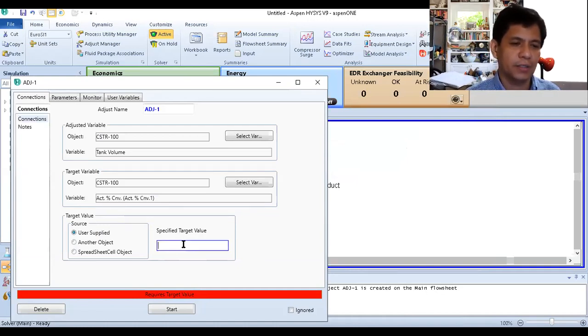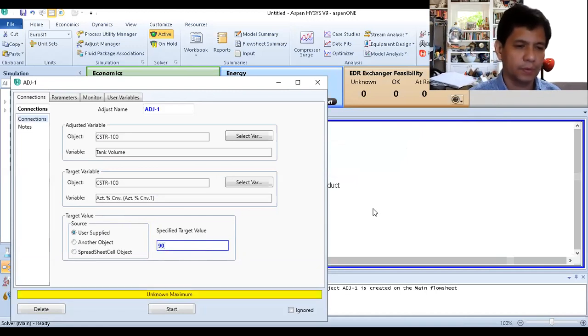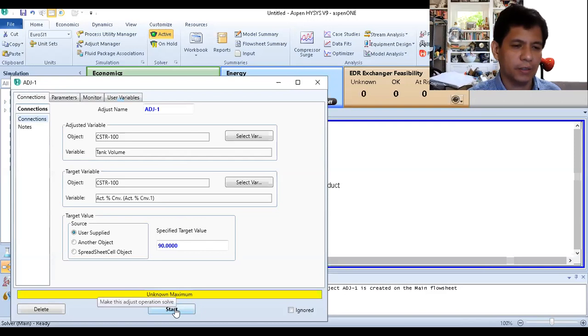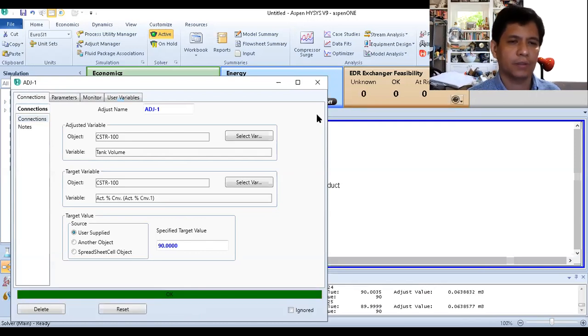So, ang lalagay natin dito, 90%. Para hindi na kayo paulit-ulit, lagay niyo yung number ng iteration, gawin yung 1,000. Tapos, simply click start. Nag-converge na siya.